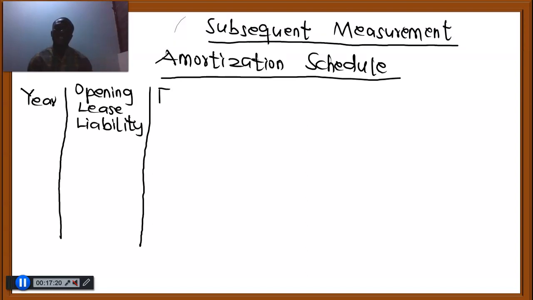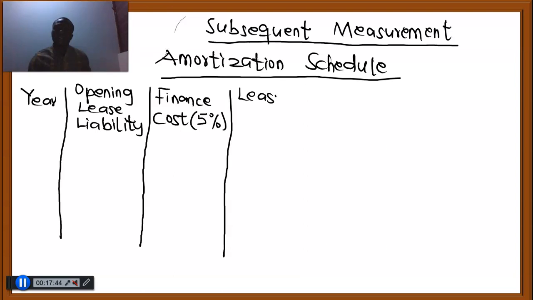We have the finance cost, which is calculated by using the interest rate implicit in the lease of 5%. Then we have our lease payment.